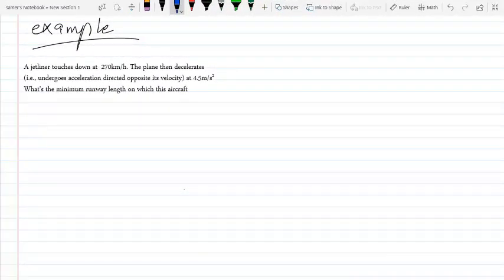Now let's see this example. A jetliner touches down at 270 kilometers per hour. The plane then decelerates, i.e. undergoes acceleration directed opposite its velocity, at 4.5 meters per square second. So we have an initial velocity v0, the final velocity which is 0, and the acceleration, which is minus 4.5 meters per square second.